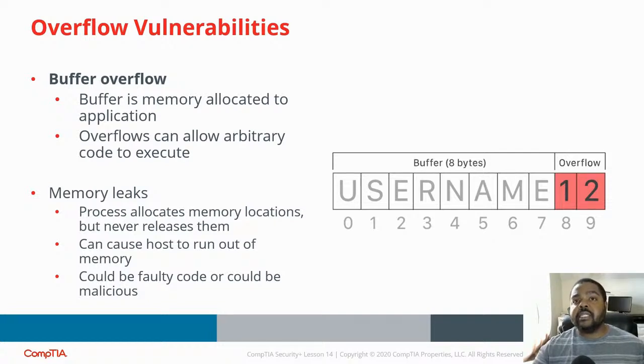So we need a buffer there to actually say, hey, this is the capacity, this is the limit of what you can actually put in. For most usernames, it's between 8 to 12 characters. But let's say there's no buffer, and I put a whole script of code into that username box.